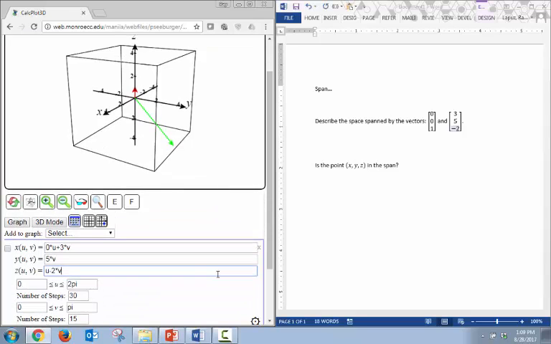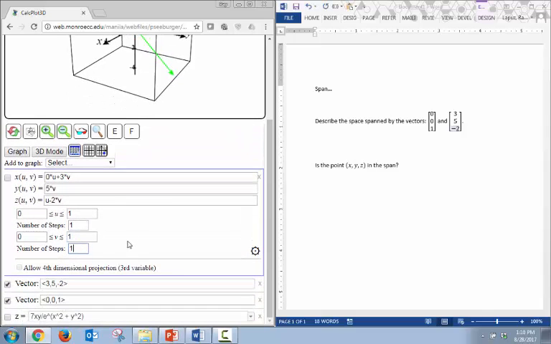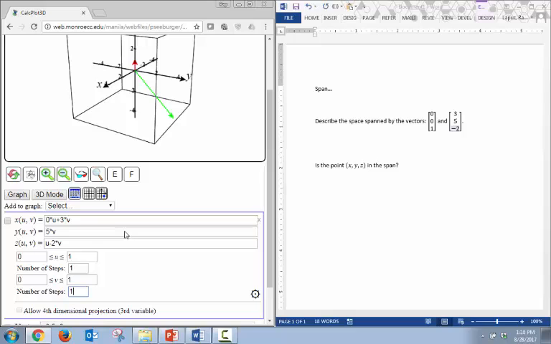Now, if I let U and V go from 0 to 1, and I plot out this graph, anybody know what I'm going to get? Any guesses? The vectors we already have, but I'm actually going to get a surface here.